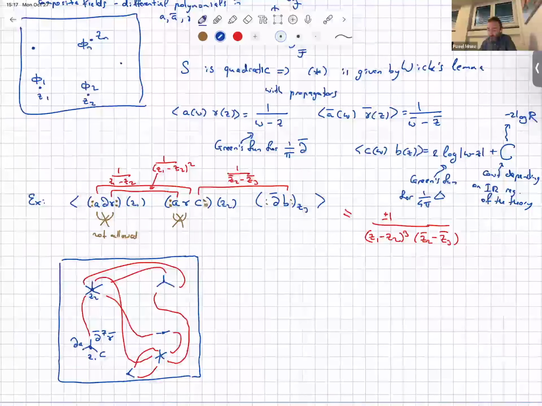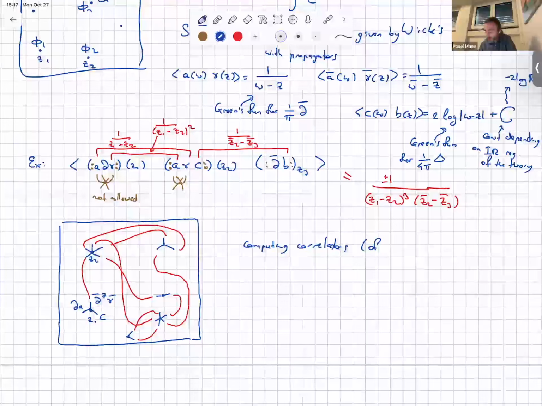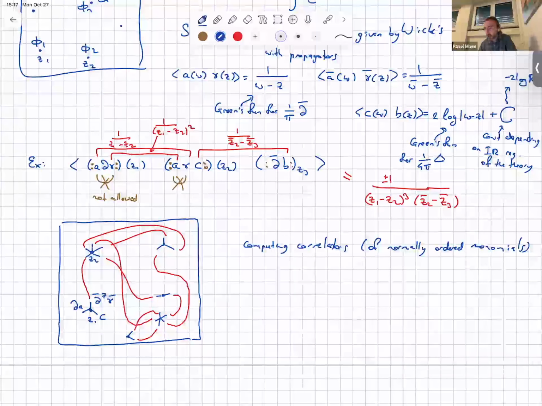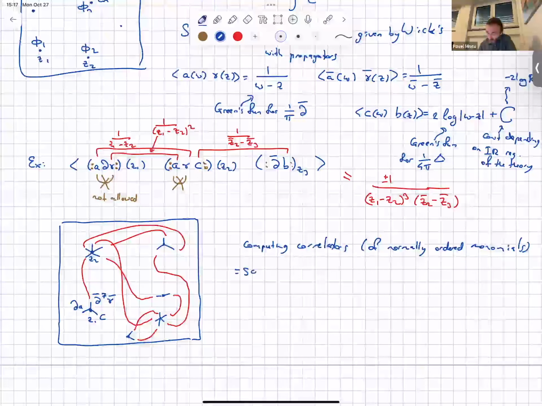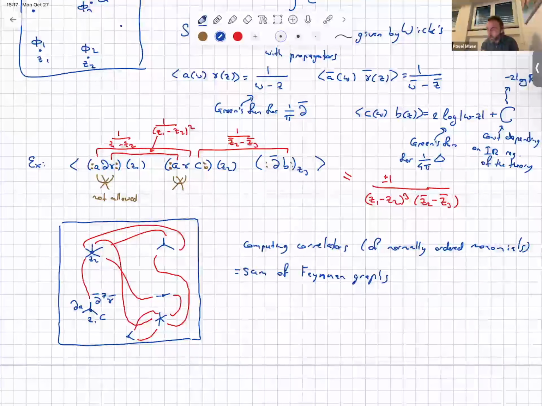So ultimately, computing correlators of normally ordered monomials just gives me a sum of such pictures or Feynman graphs. And here you see that Feynman graphs are very easy to compute. There's no integration involved. It's just Feynman graphs with fixed vertices.